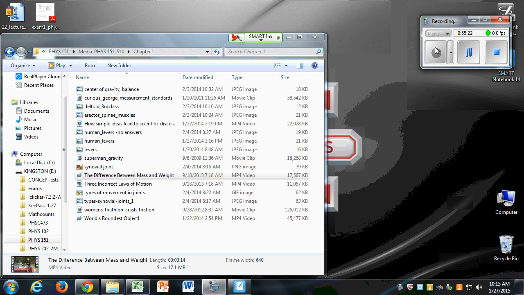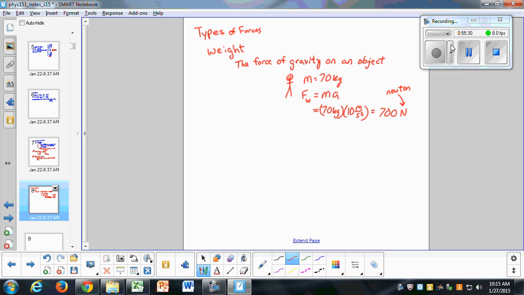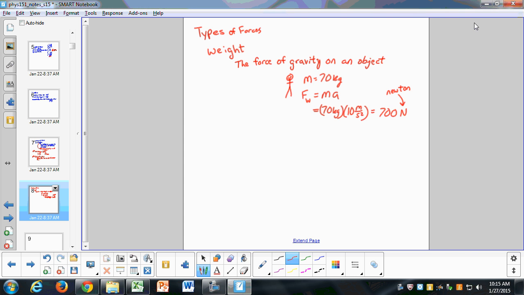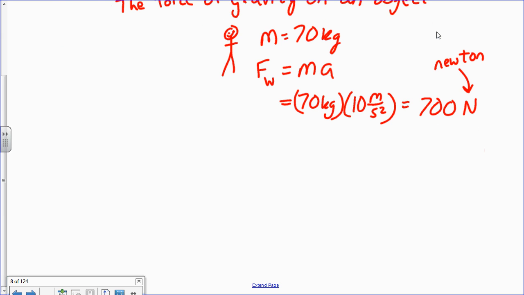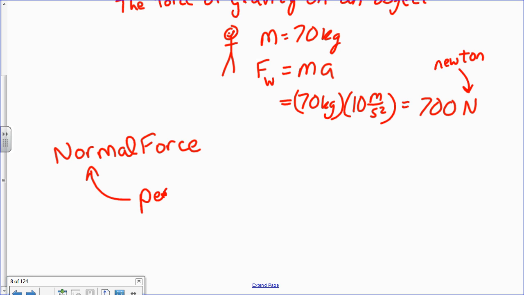All right. Let me do one more type of force, and then I know y'all are ready to go, but give me just a couple more minutes. Another type of force is a normal force. Normal is a mathematical term, and it just means perpendicular.